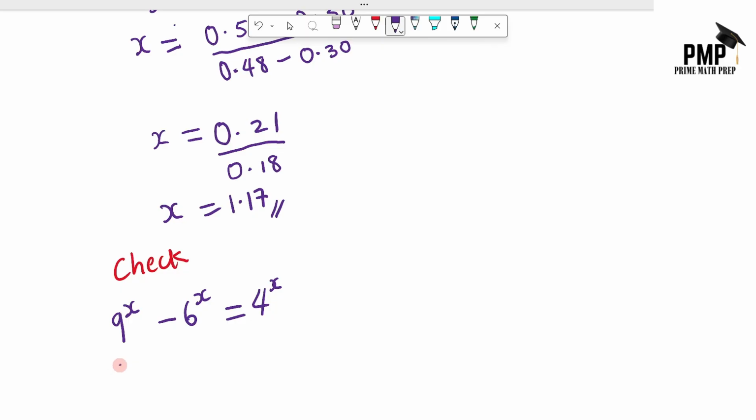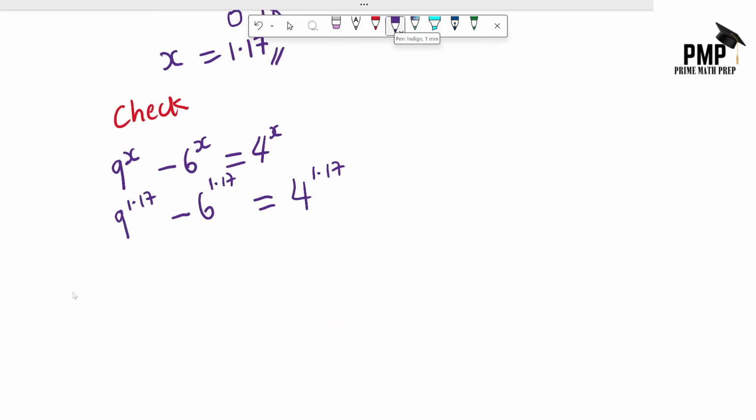So we said that our x is equal to 1.17. 9^1.17 minus 6^1.17 equal to 4^1.17. 9 to the power of 1.17 is the same thing as 13.08.